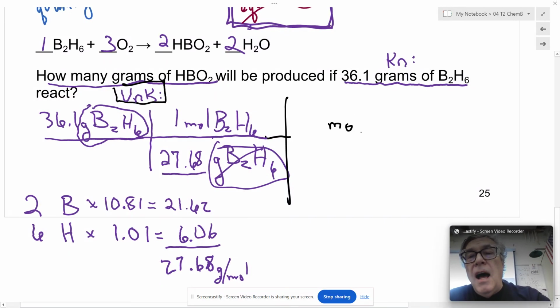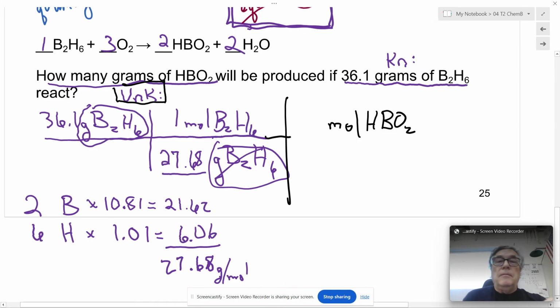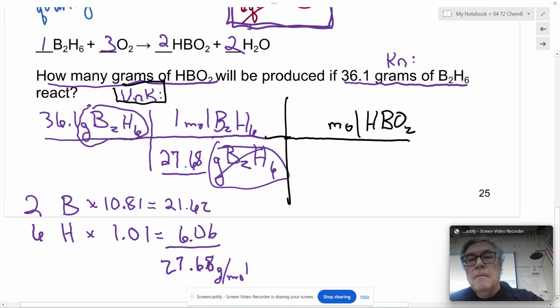So on the top is moles of HbO2. And we will always use the coefficient from the balanced chemical equation. That's this number right here. I'm going to highlight it in just a moment to see where we got it from.